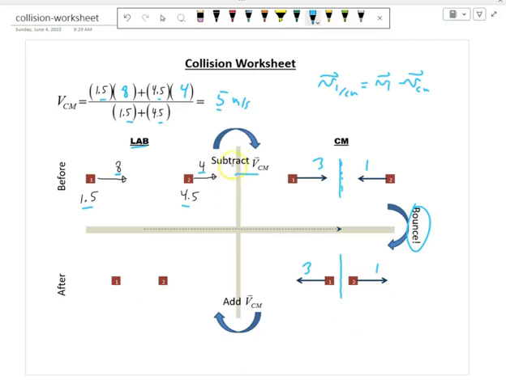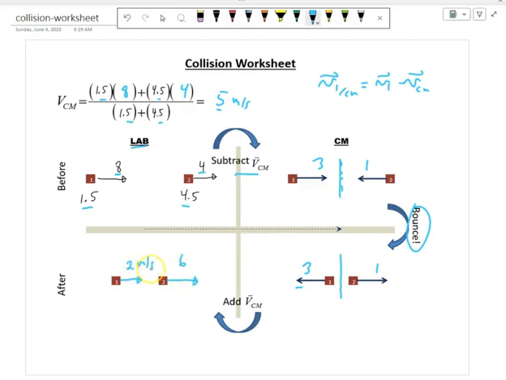If I subtracted the center of mass velocity to get to the center of mass frame of reference, I must add it to get back. So we'll take -3 plus 5 is 2, positive 2. And then I have +1 plus 5 is +6.